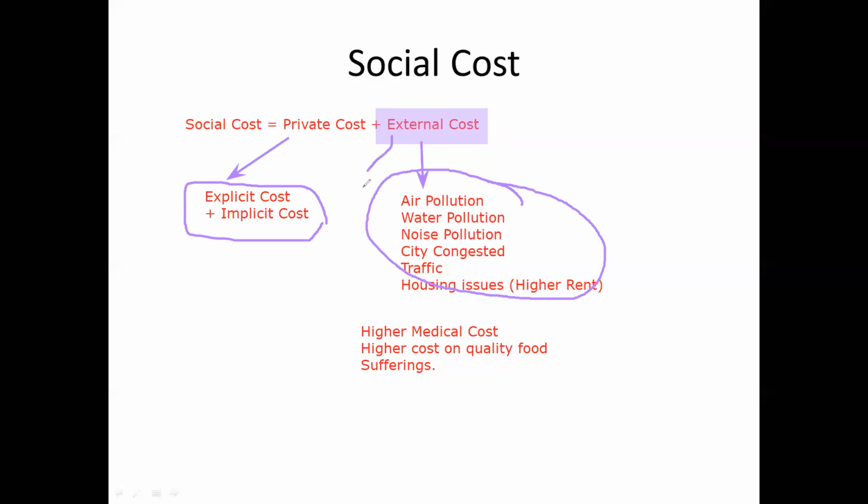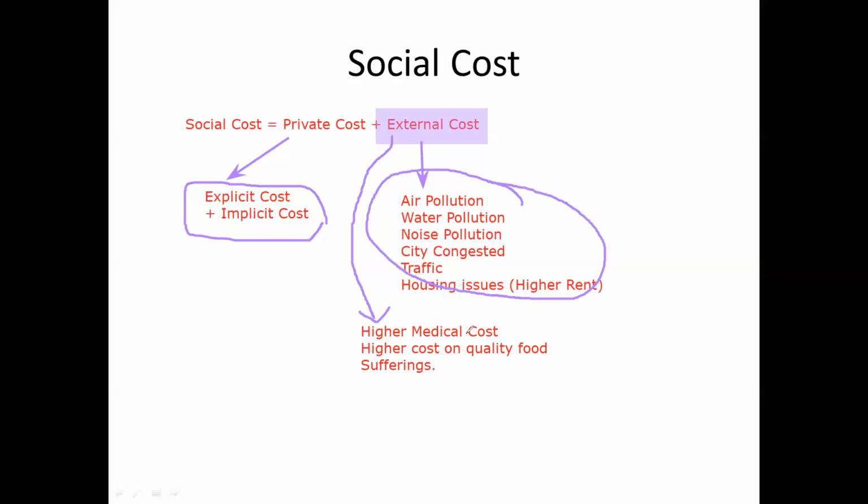The external cost is the cost of medical expenses because people fall sick, they have to spend money on that. People find it difficult to get a house, they have to pay higher rent. People find it difficult to commute, they have to spend extra on petrol. They have to spend extra on the vehicle they have to buy.